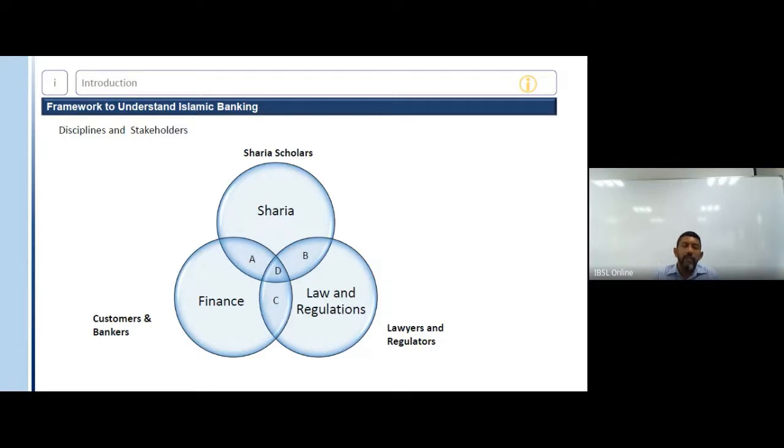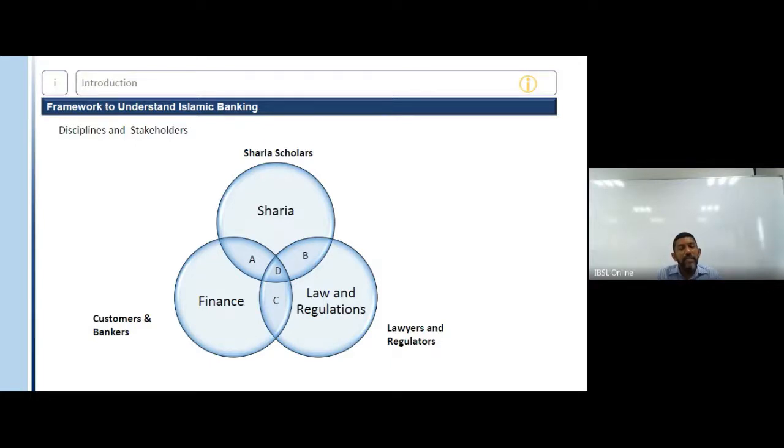Similarly, if Islamic banks operate in B, where they ensure Sharia compliance and regulatory and legal compliance, but don't meet the customers' requirements, then again the sustainability is questioned. It will live a very short life, because if you don't meet customer requirements, however good your Sharia compliance and legal compliance are, you are not going to survive for too long.